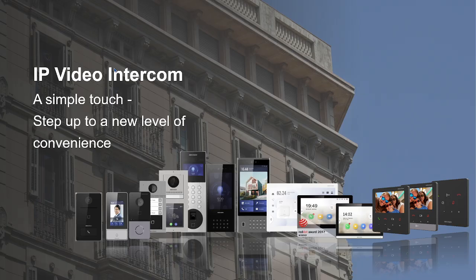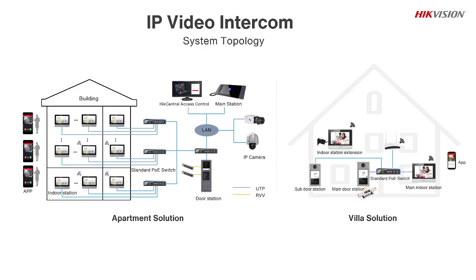It's quite extensive, yeah. So thinking about that, we have the topology. So we have an outdoor station, then multiple rooms, multiple houses with multiple indoor stations for apartment. Then for villa, it's a simple setup.